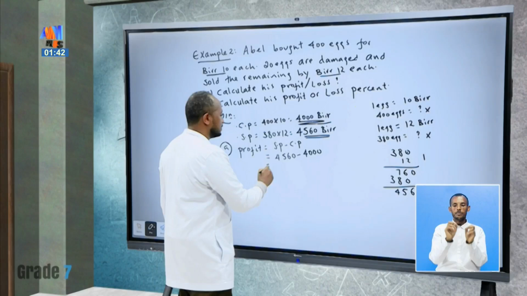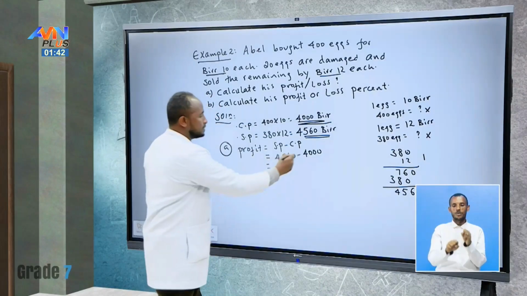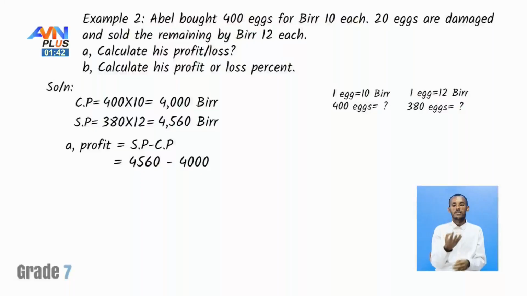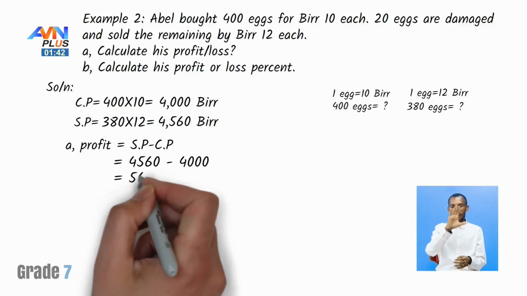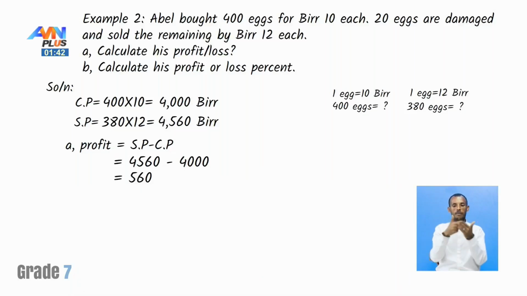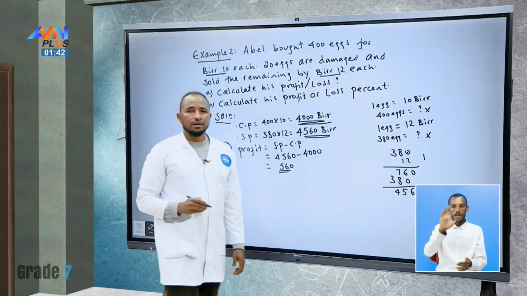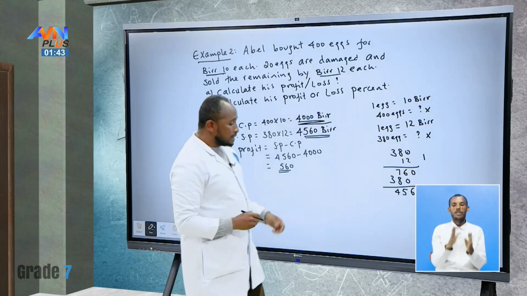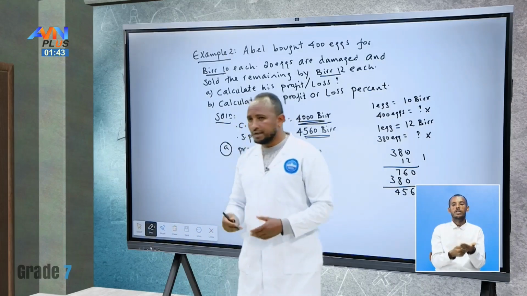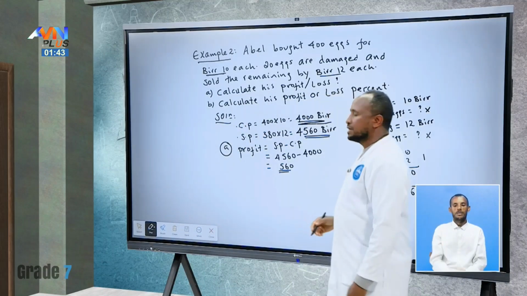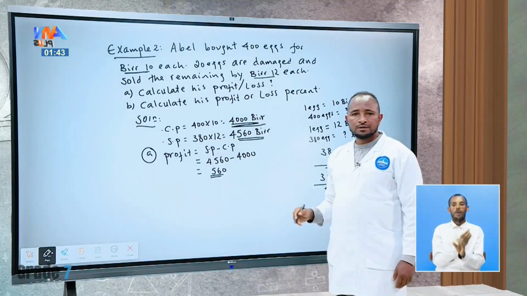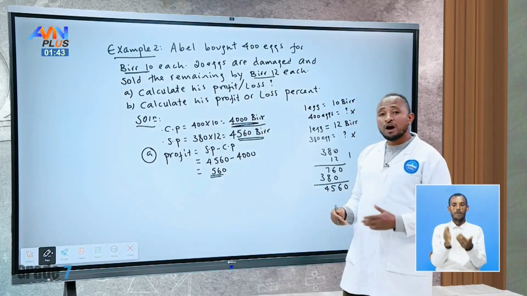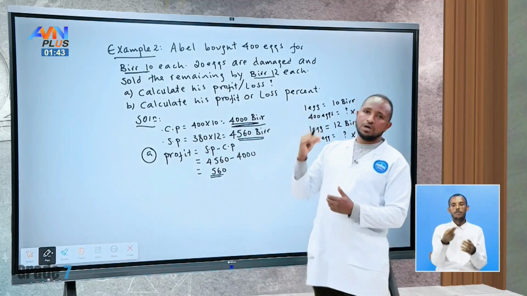Okay? So, what's the difference? It is simply 560. Therefore, his profit is 560 birr. Now, let's convert this into percent. How do we calculate profit percent? Simply, you divide the profit by the original cost.